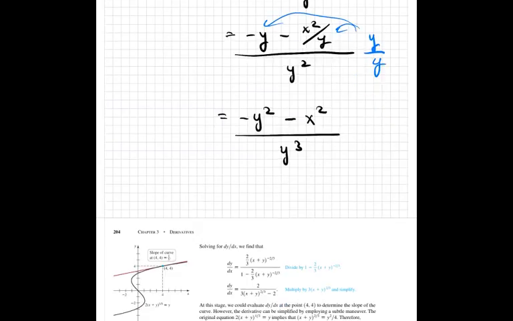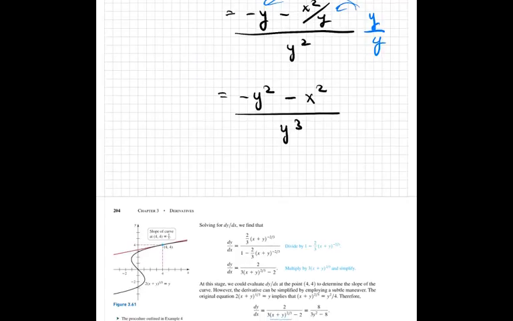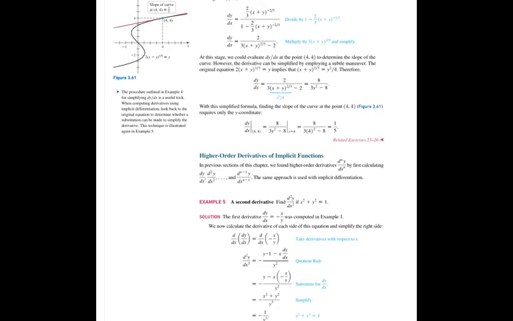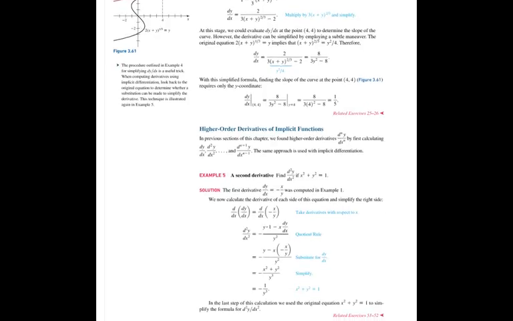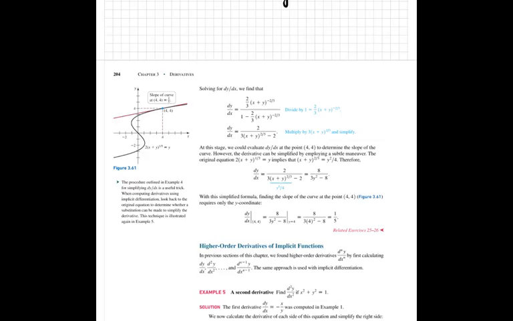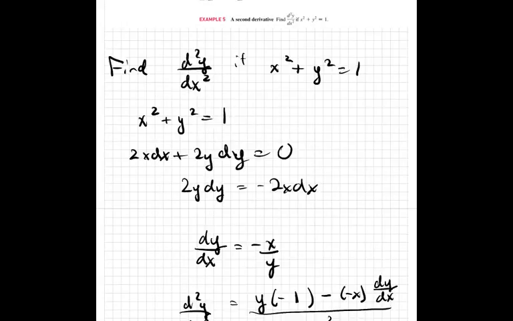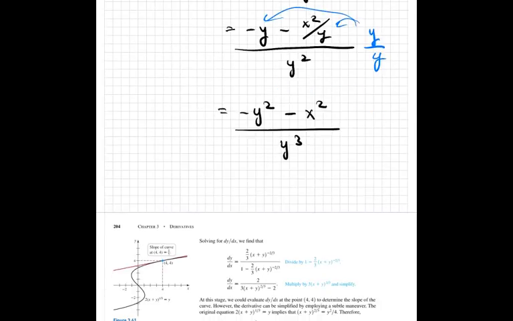Negative y squared minus x squared by y cubed. Oh, and then from the original. Okay, I see. So from the original, we had that x squared plus y squared equals 1. So then that top just becomes negative 1 by y cubed.